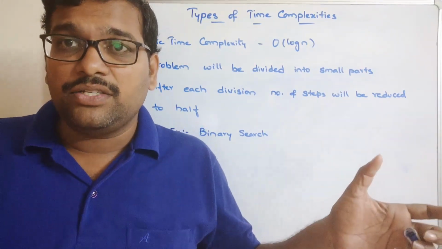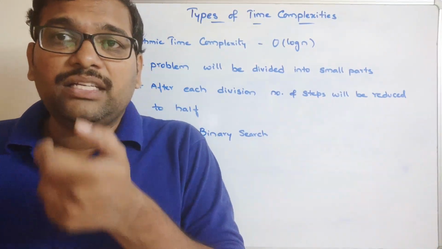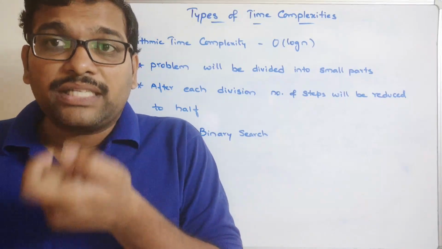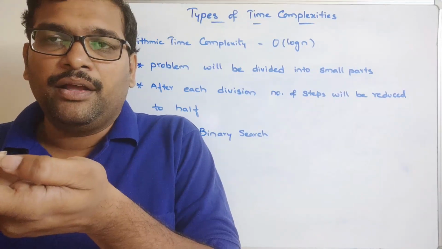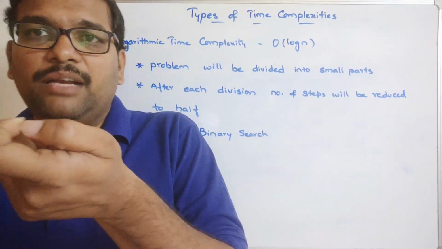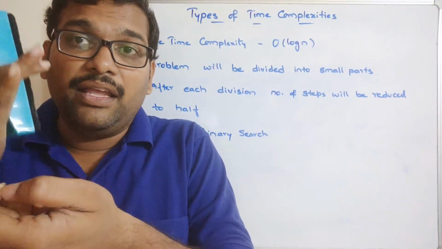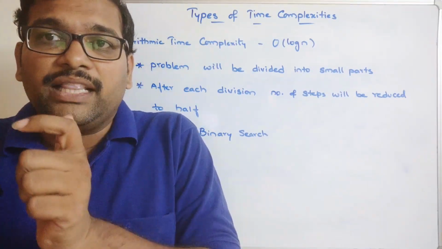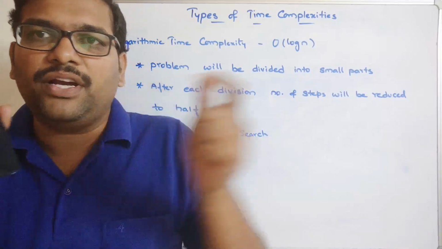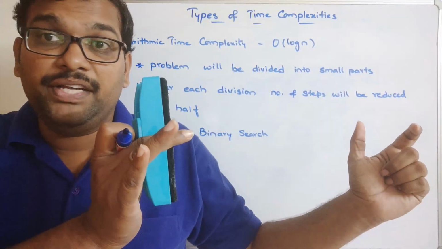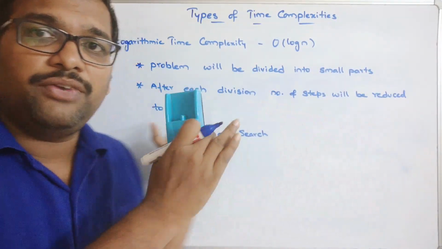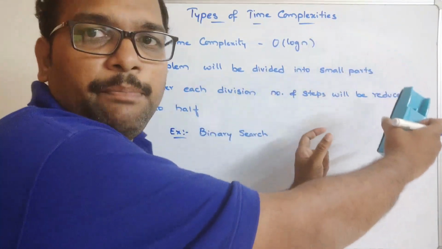If the elements are in sorted order and you are searching for a particular element, first it finds the middle element and compares the search element with the middle element. If it is less than, the search position shifts towards the left part, and if it is greater than, the search position shifts towards the right part.